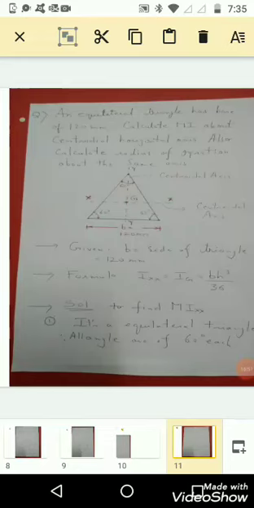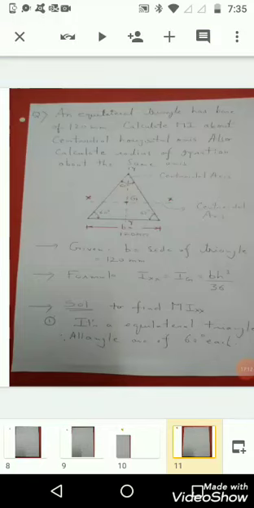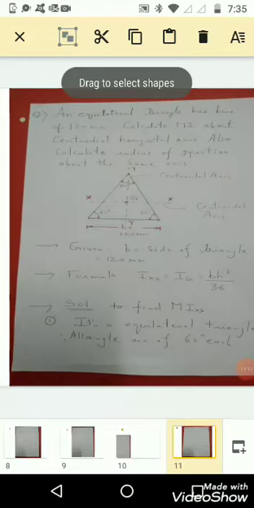Radius of gyration we'll see later. We'll just try to find this moment of inertia about the x axis. Now the base 120 is given, but we also require the height. The formula is Ixx = bh cube by 36.